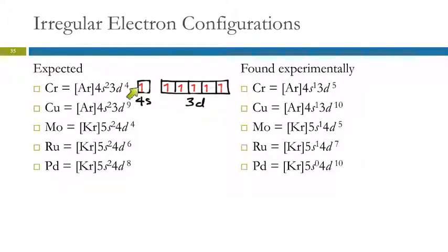The reason that this can happen is that there is less repulsion when you've got completely full orbitals, sublevels, or half-filled. So by moving this electron up here, we now have 2 half-filled sublevels. And that is a little bit lower in energy.